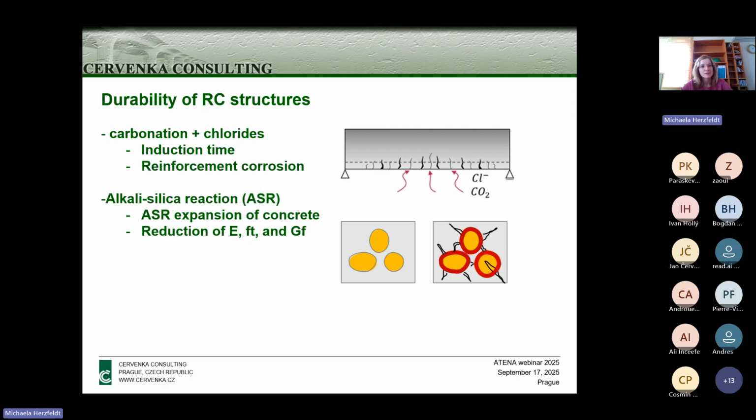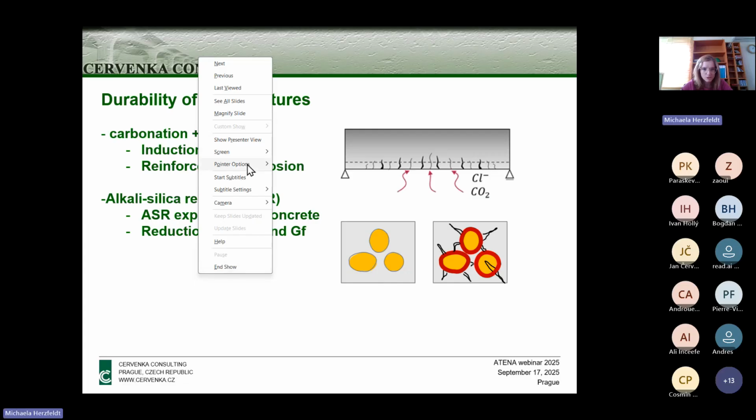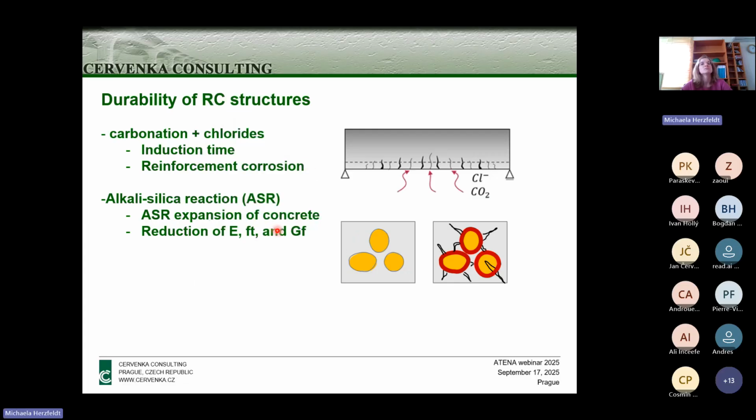And the other part is alkali-silica reaction, which is important just for concrete itself.